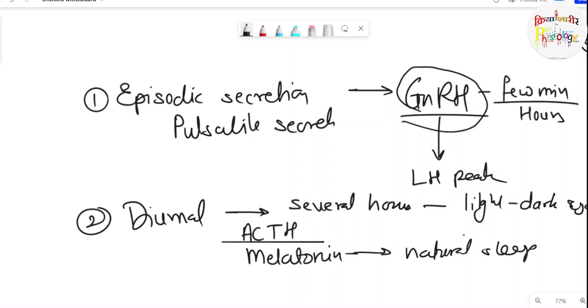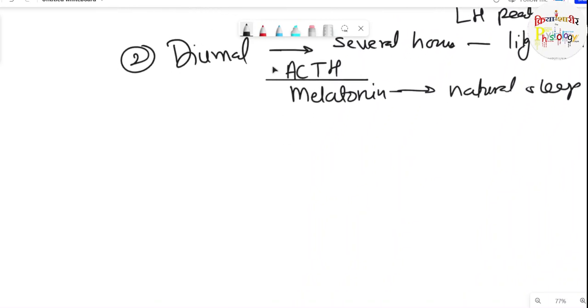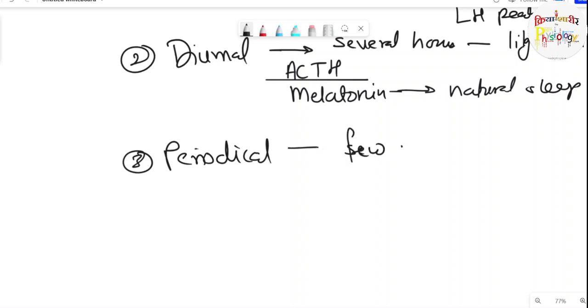Okay, so these are the examples of diurnal secretion. Next one is periodical secretion. It lasts for a few days. And the example is gonadotropin in the menstrual cycle.